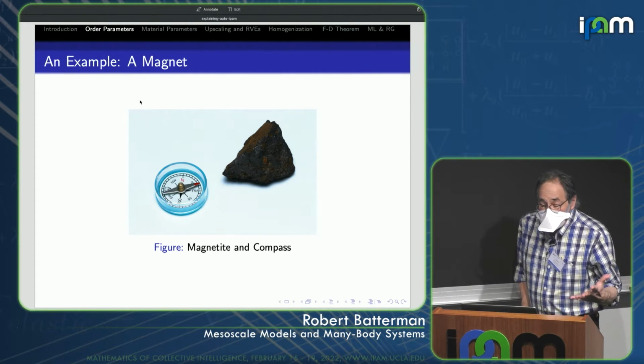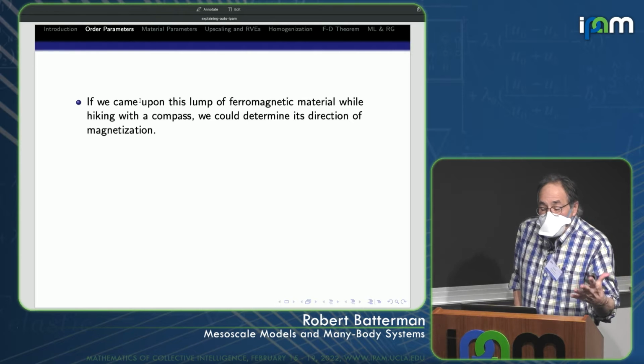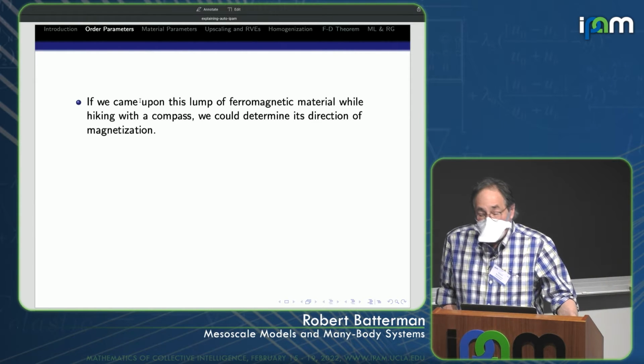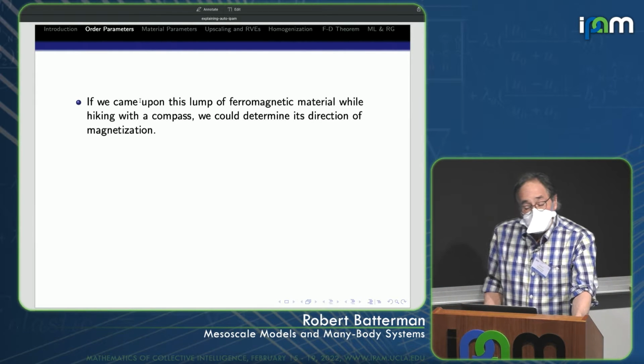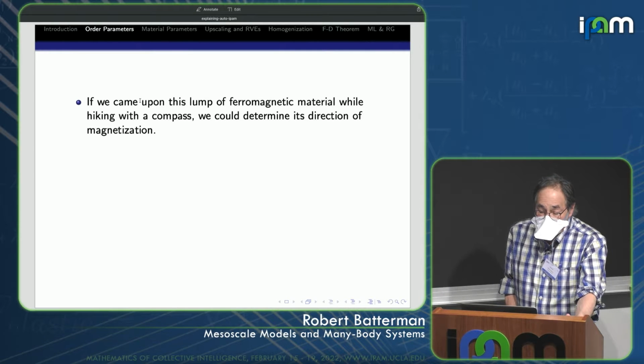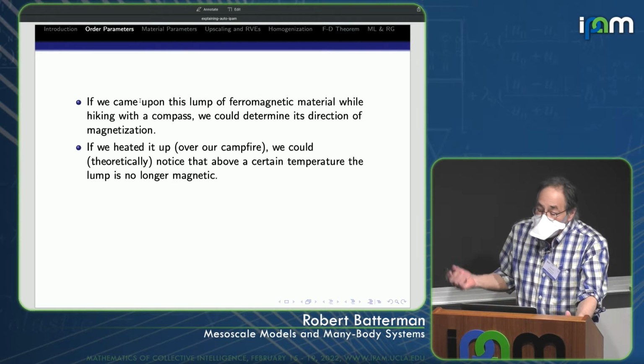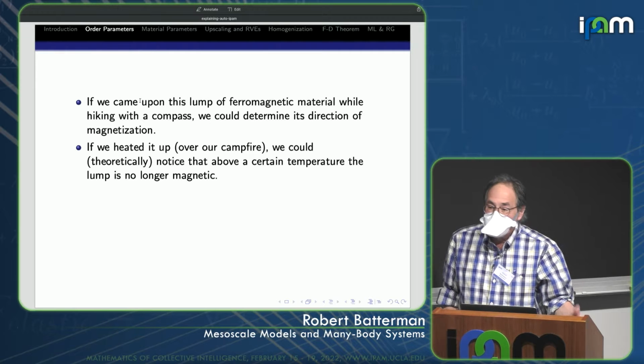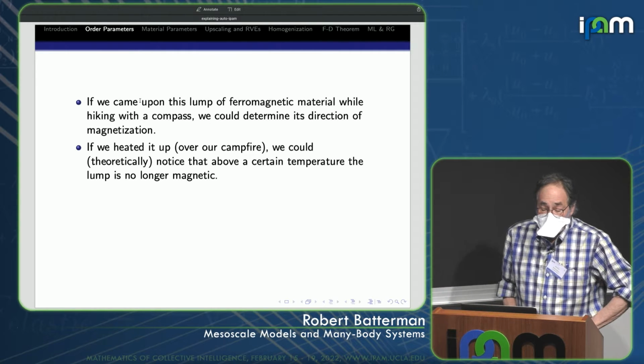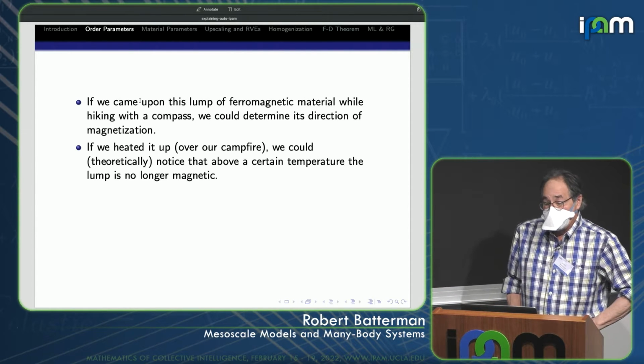So let's consider an example. If we came upon a lump of ferromagnetic material while hiking with the compass, we could determine its direction of magnetization. If we heated it up over our campfire, we could theoretically notice that above certain temperature, the lump is no longer magnetic.